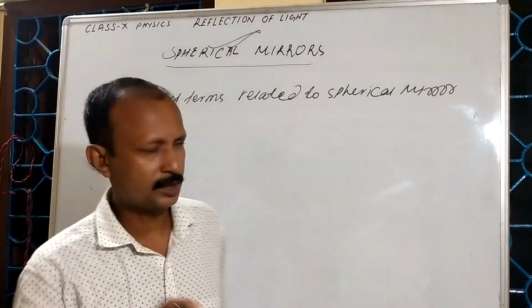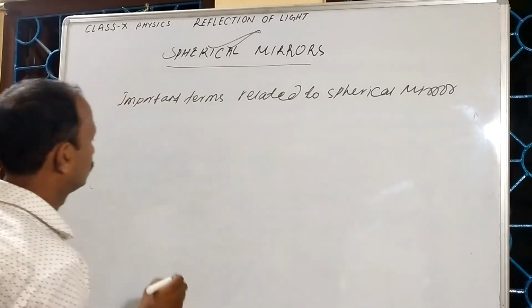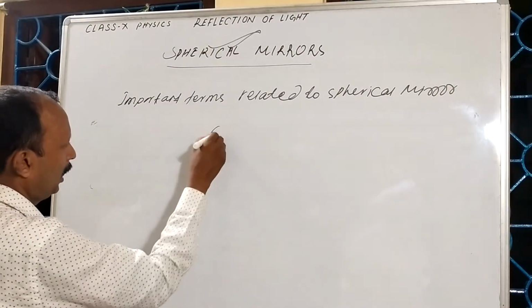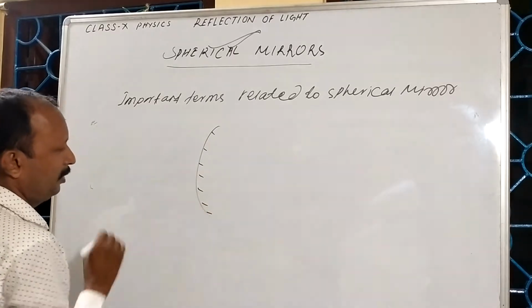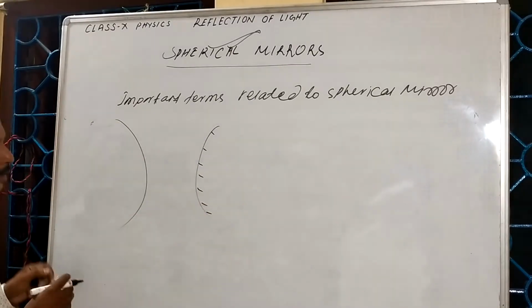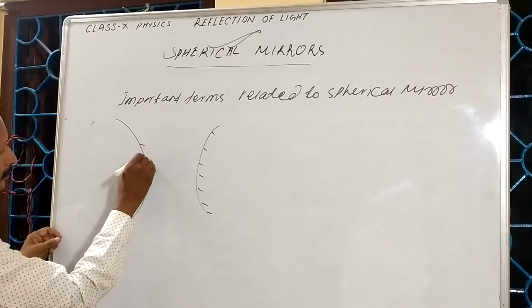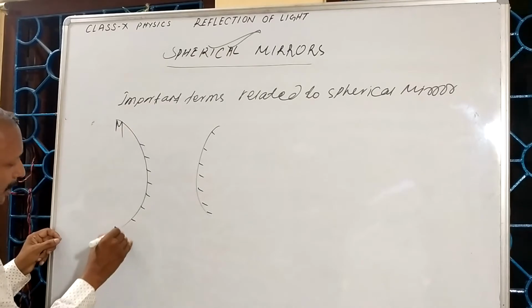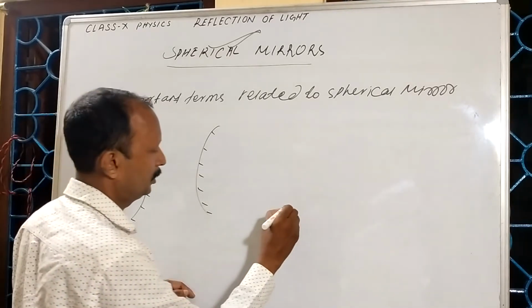See here, first point. You see that it is either a convex mirror or a concave mirror. Suppose this is MN.